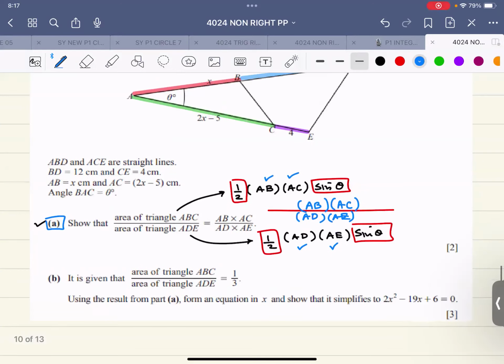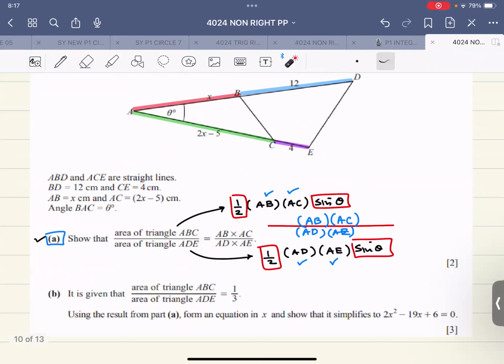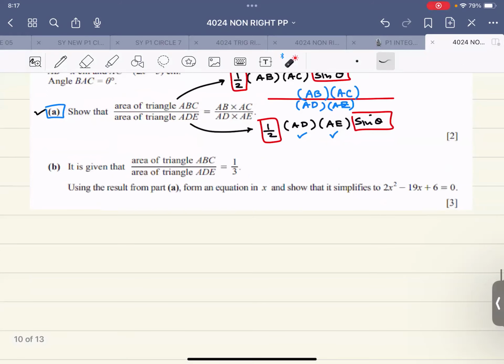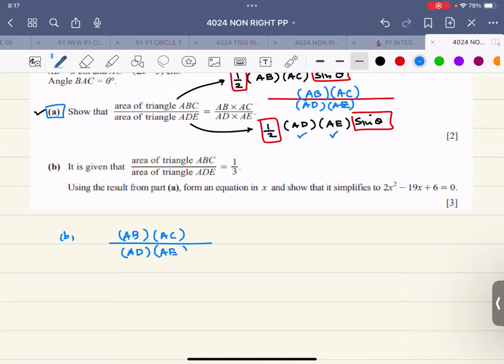The second part, it is given that the ratio of the area of triangle ABC to the area of triangle ADE is 1:3. Use the result from part A, form an equation in x, and show that it simplifies to this. Now we know that for part B, AB times AC divided by AD times AE equals 1/3.